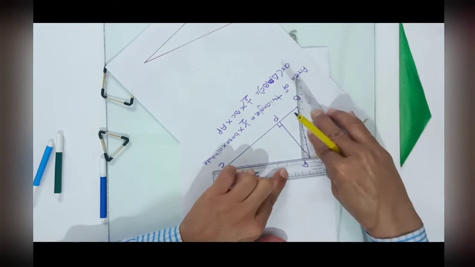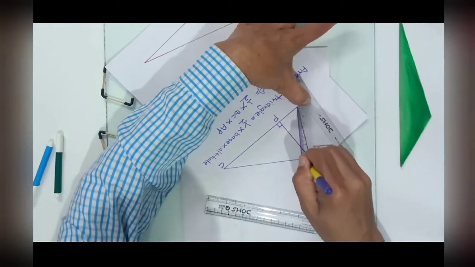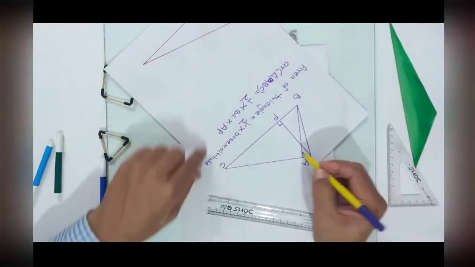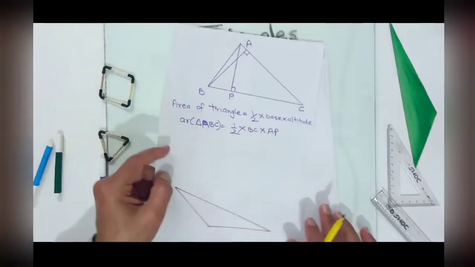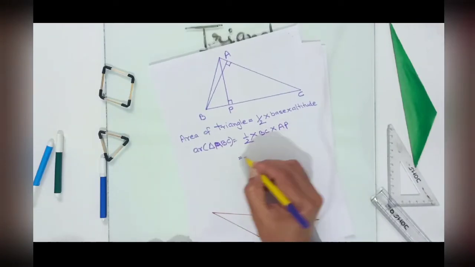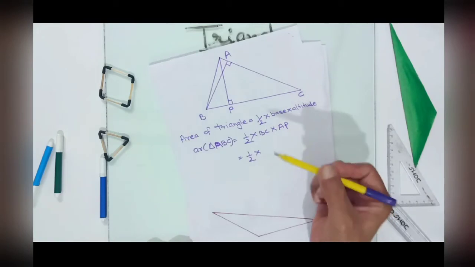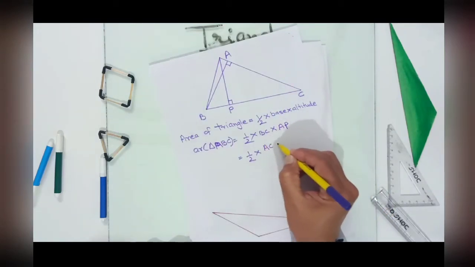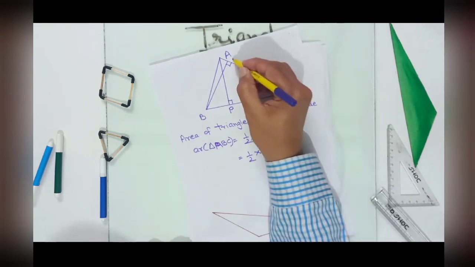So this is the perpendicular on side AC. So again, if I want to write the area of the triangle, then I can write half into base AC and perpendicular BQ.